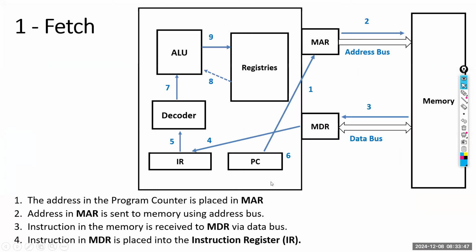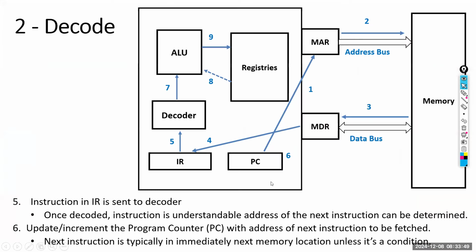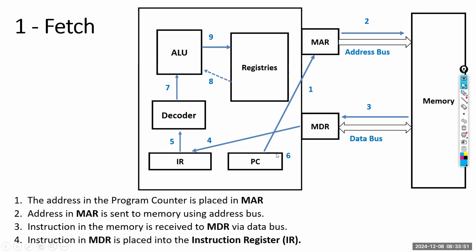Right. So now you should be able to explain the fetch cycle. At the beginning, the memory address of the first instruction is loaded to the memory address registry. That address is sent to the memory, and the content of that memory, which is the instruction, is sent from memory to the memory data registry.